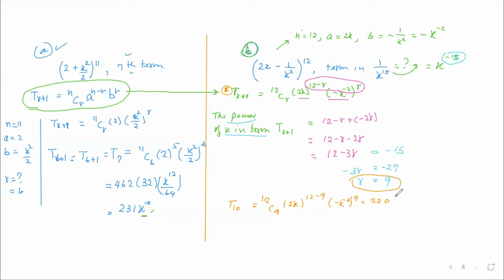220 time this one power 12 minus 9, we have power 3, right? So 2 power 3 become 8 and x is power 3 also, correct? And this one, see, this is a negative here. And this power odd number, so come out should be negative.